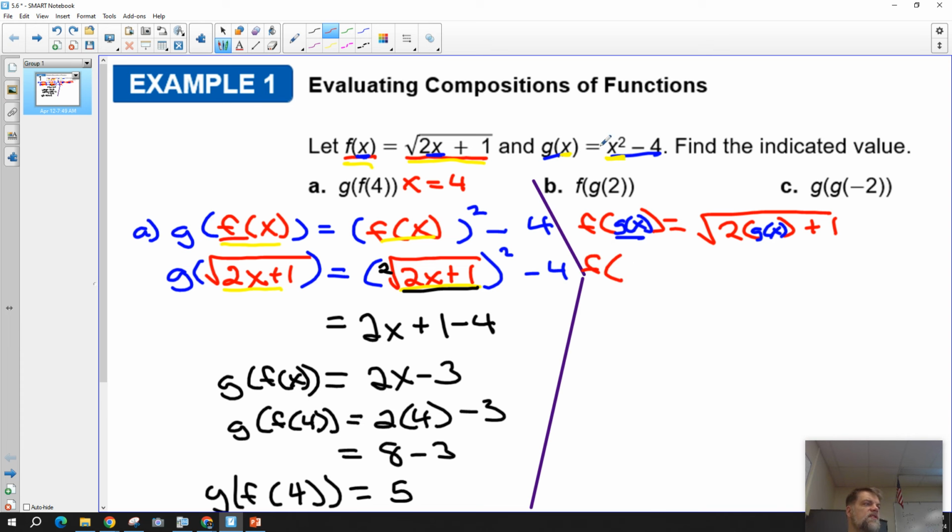Well, g of x is this stuff right here, so I'm going to say f of g of x is equal to the square root of 2 times the quantity x squared minus 4, plus 1.